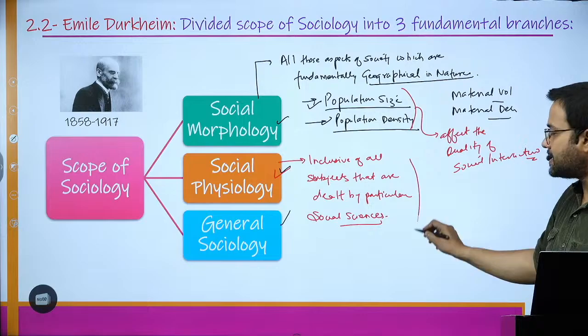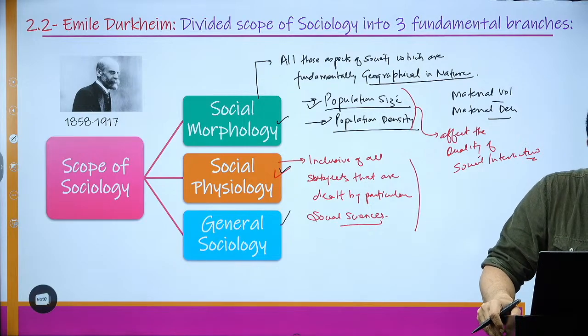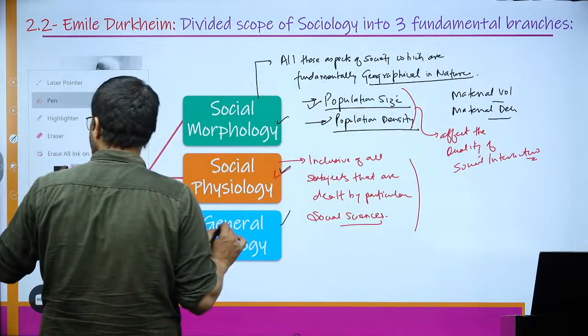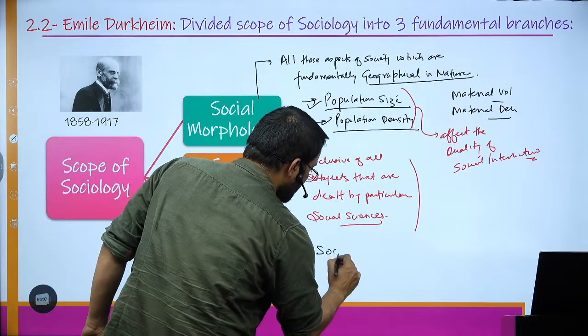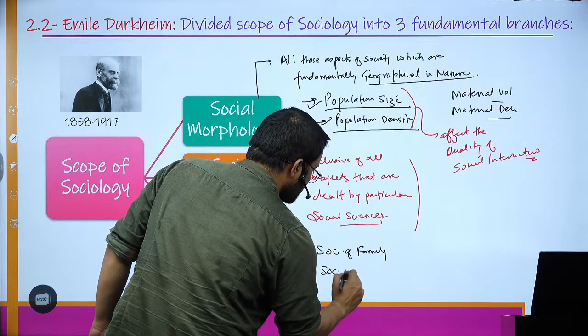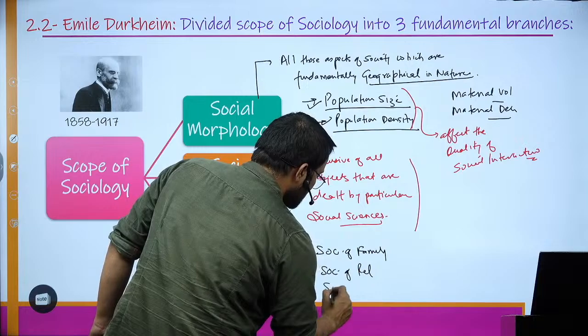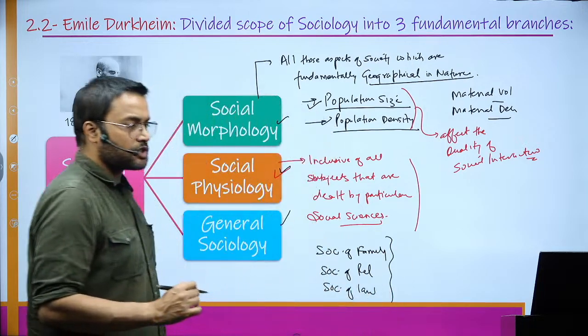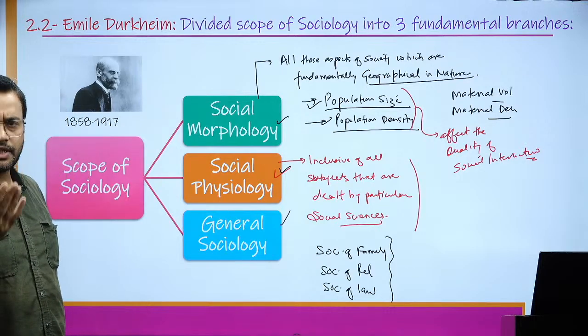Here you can say things like sociology of family, sociology of religion, sociology of law, sociology of economic institutions, sociology of political institutions.